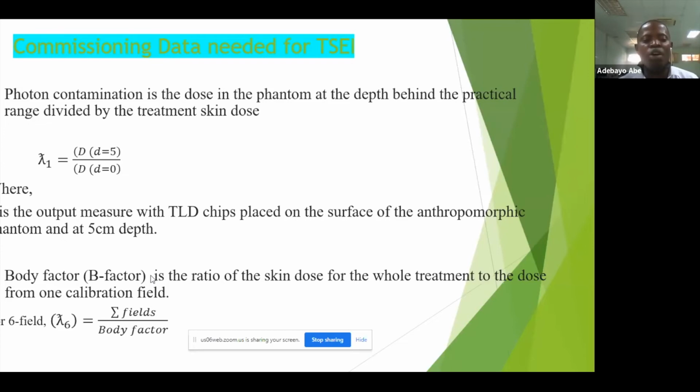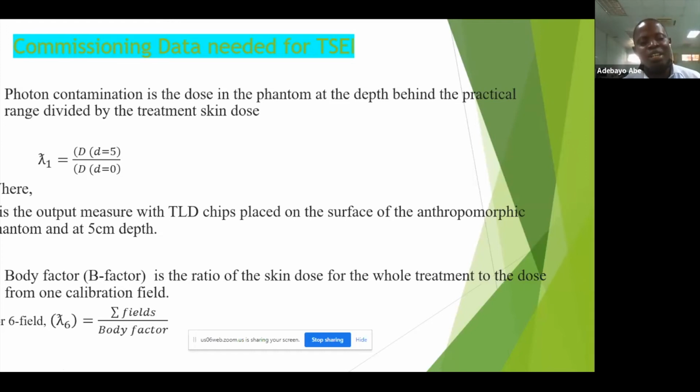It depends on the commissioning data obtained from the machine. At that point, beyond the therapeutic depth or range, the dose at the skin we said D equals 0.